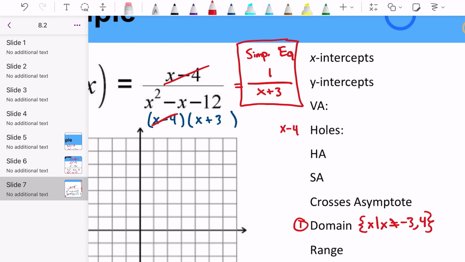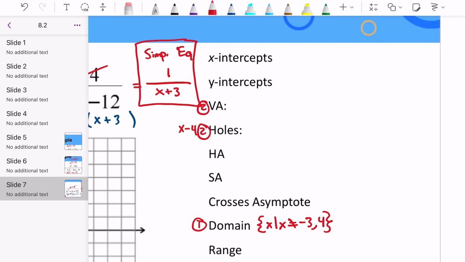Once we figured out that first step, our next step is going to be our vertical asymptote and our hole. So this would be step 2 right here. We're going to start off with the hole. Remember, what canceled out was x minus 4. So we're going to get x minus 4 equal to 0, which means x is equal to 4.